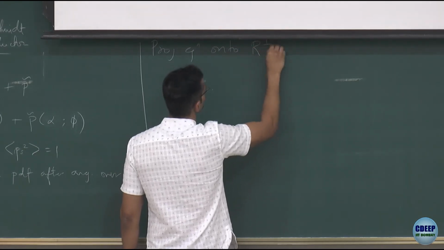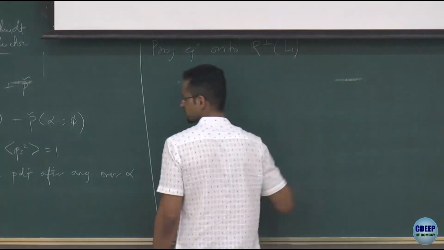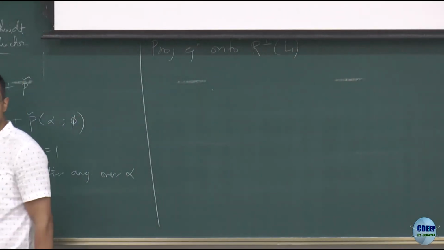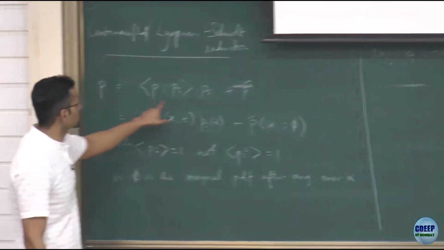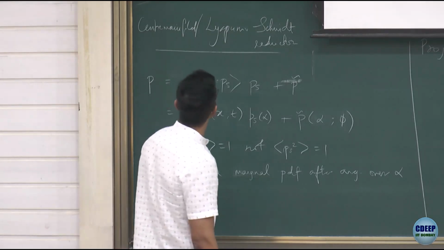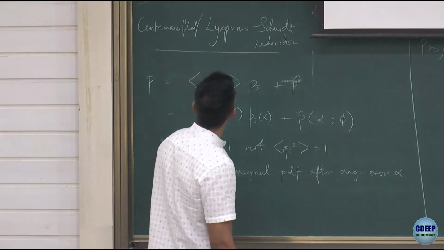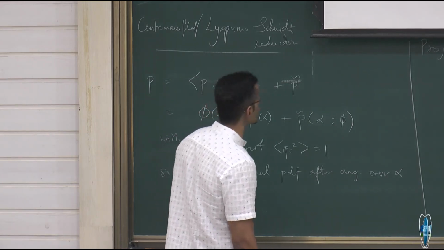Let's now go to projecting the equation. So first, let us get the reduced equation by going on to the range complement of L1, which basically means now I multiply the equation by 1 and integrate. And in that equation, I shall make this substitution so that I can get my equation for phi. So now, let's do this.